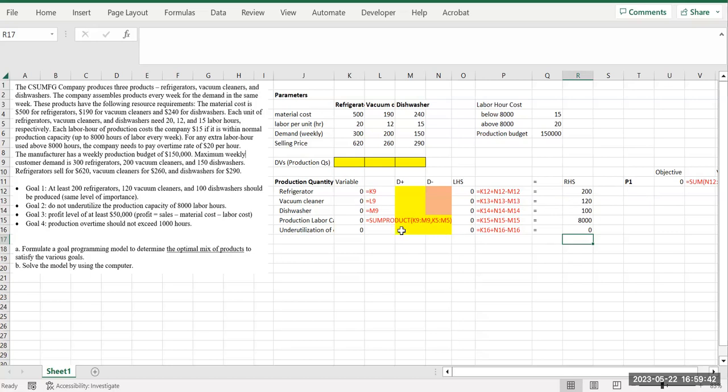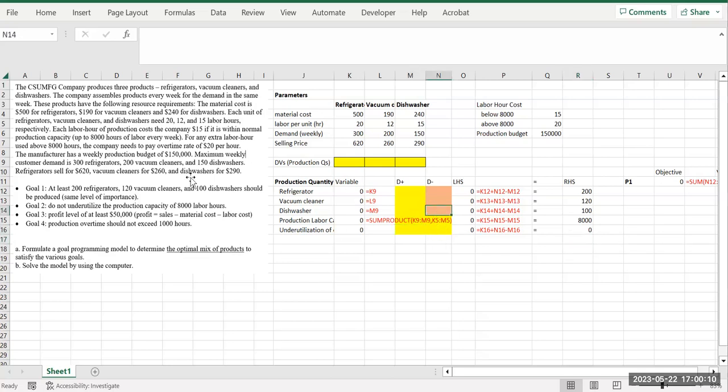But here, which one of these 2 is going to be bad? Going over or going under? So definitely underutilization here is going to be positive itself. So we already know that. And if it's positive, the only possible variable out of these 2 that can take a positive value is going to be this one going above 0. So this is the bad deviation.